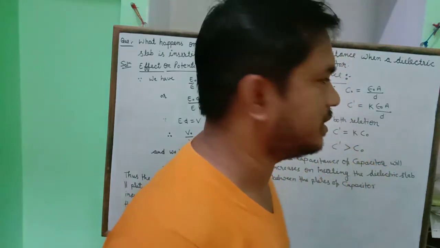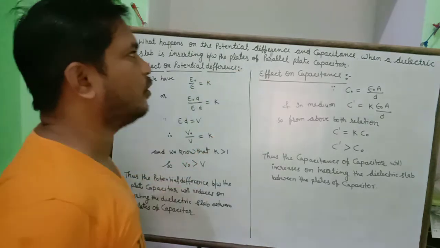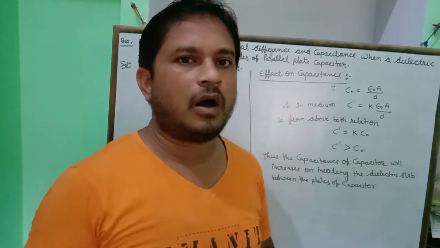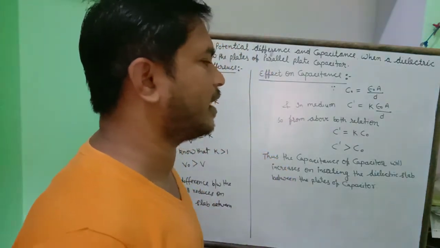Today's question is: what happens to the potential difference and capacitance on inserting a dielectric slab between the plates of a capacitor?